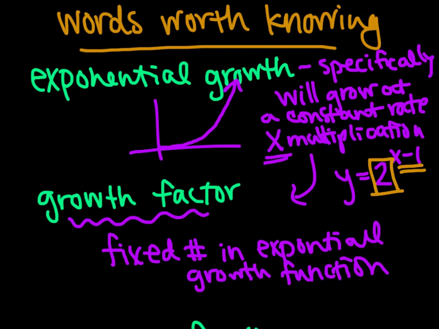We've also looked at this other equation, y is equal to 2 to the x power, where 2 again is that growth factor, and then that exponent is how everything becomes exponentially bigger, because that will change.